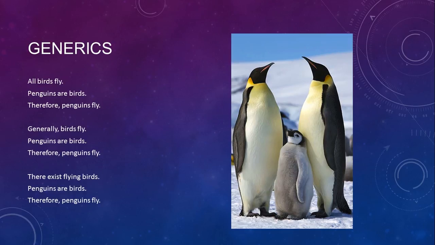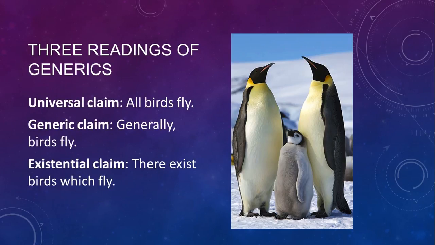Therefore, penguins fly. That's just a garbage argument, isn't it? It's a terrible argument. But all of those correspond to birds fly, right? All of them start from birds fly. So getting clear on what exactly the right reading of your generic is makes a determinative difference to whether you're making a sound argument, a valid argument, or an invalid argument. Okay.